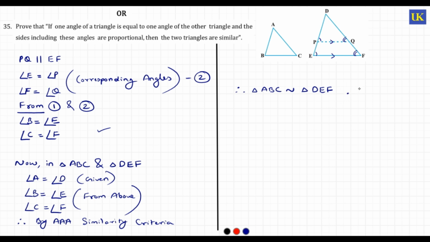So guys, this is what they had asked us to prove in the theorem, to prove that this triangle is similar to this triangle, and that is what we have proved.